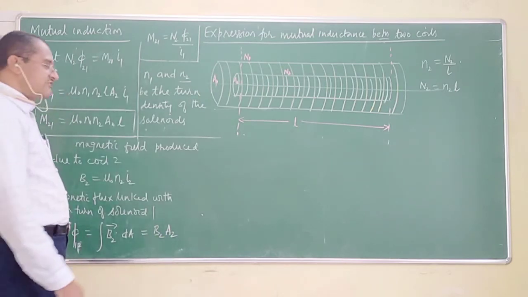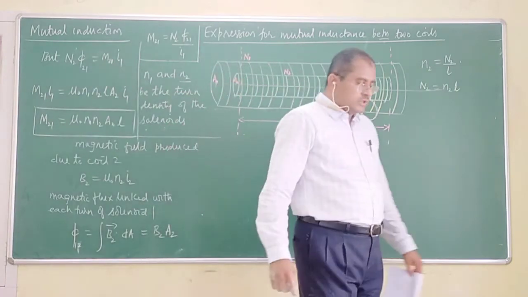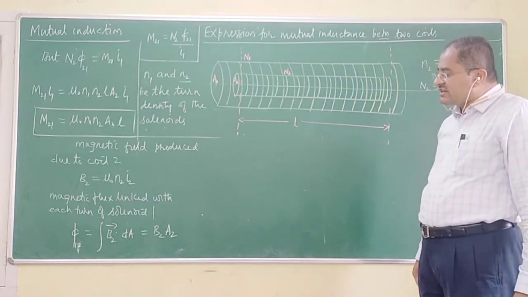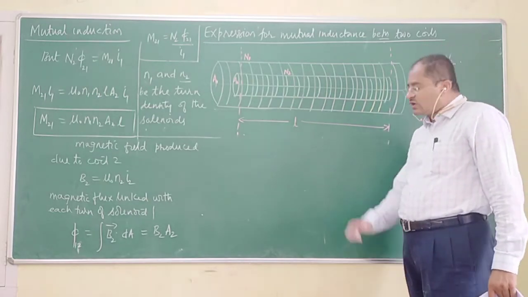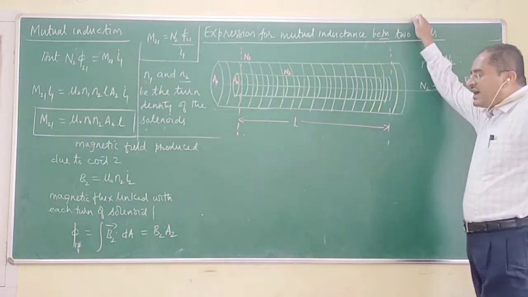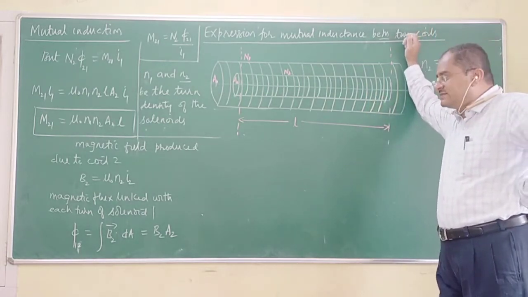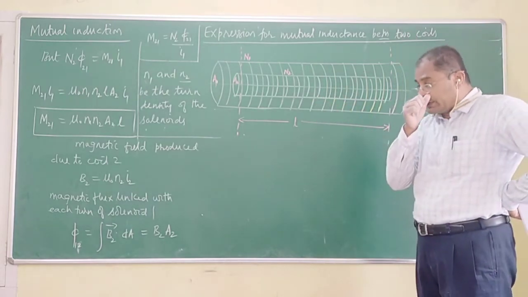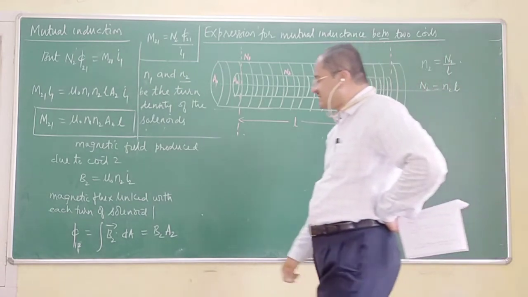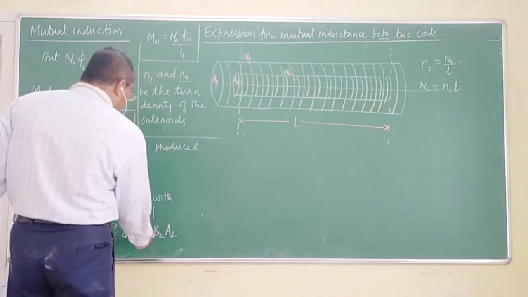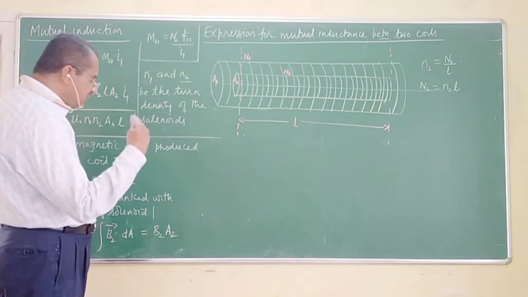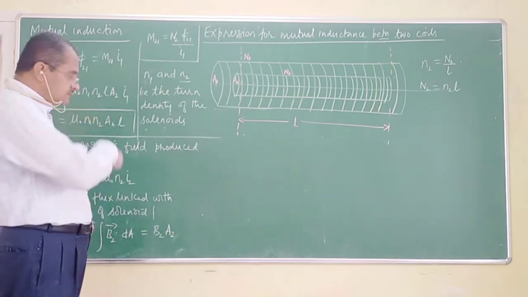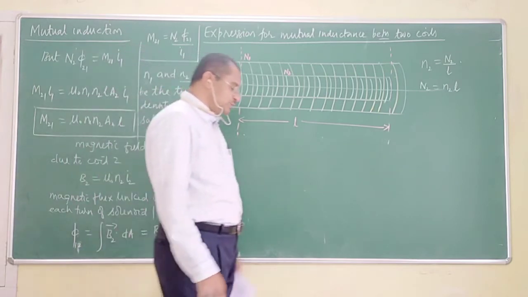If you have been listening very carefully, you would have asked me, sir, in the previous case, you wrote B1 into A2 because current was flowing in coil 1. The magnetic field produced due to coil 1 you took as B1, and the area was A2. In this case, current is flowing in coil 2, so the magnetic field produced is B2, no doubt. Why instead of multiplying by A1, are you multiplying by A2?